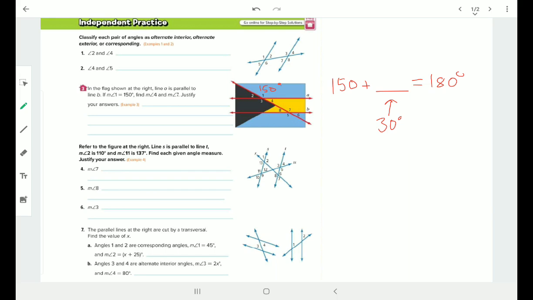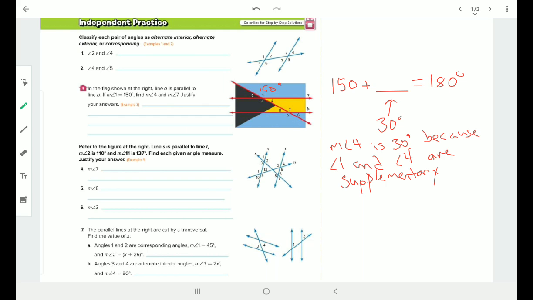So we could say that the measure of angle 4 is 30 degrees because angle 1 and angle 4 are supplementary, right? They make a straight line. They are 180 degrees.